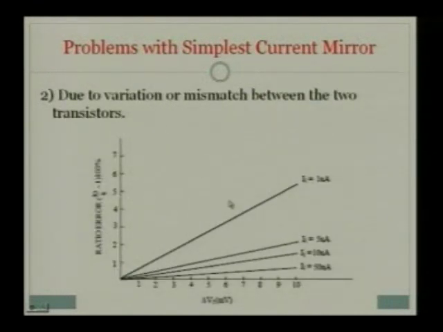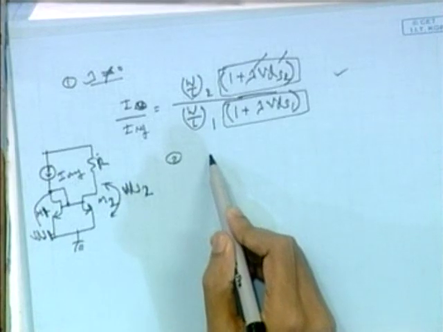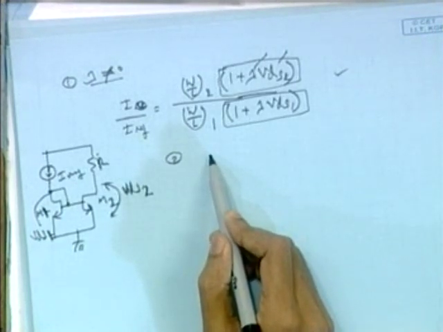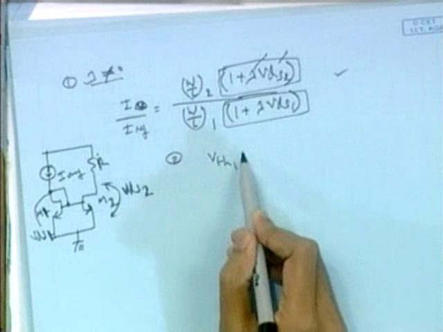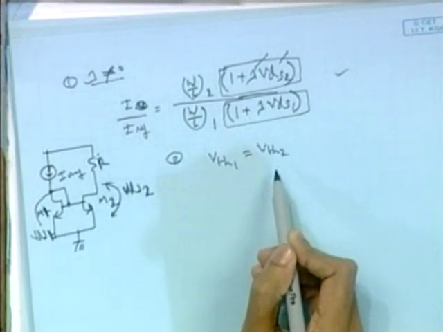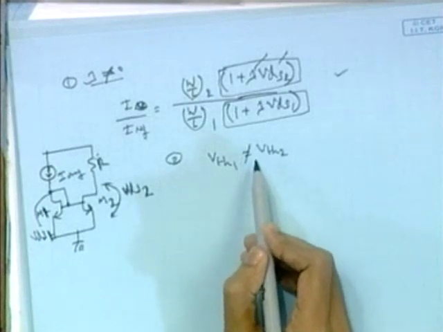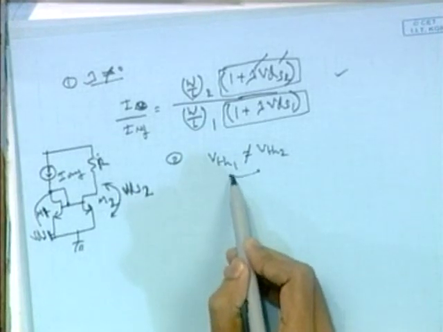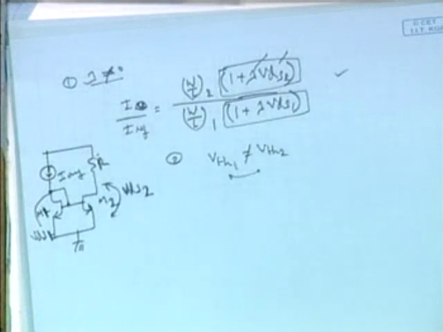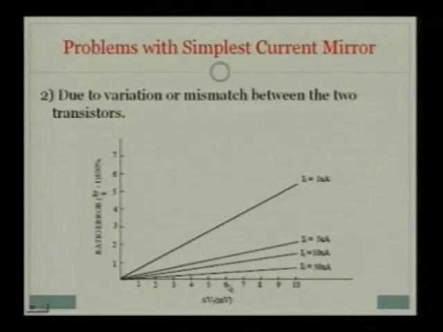And as I have told earlier, no one guarantees that you will get your exact design values in the IC. So though you have assumed VTH1 equal to VTH2 for your design, after fabrication this won't be the case. There will be some mismatch between the VTHs. This graph shows the error due to this mismatch of VTH.